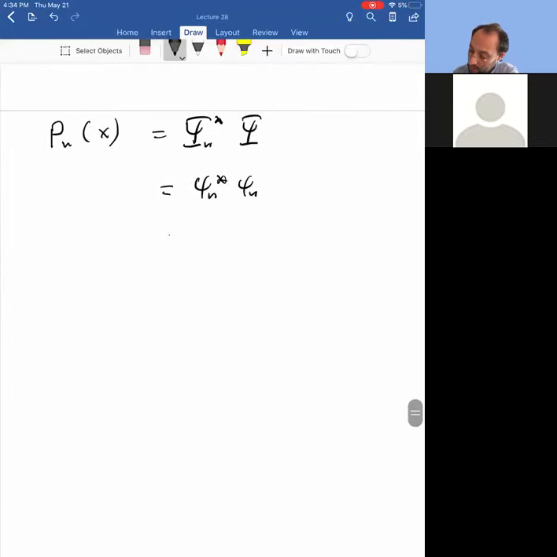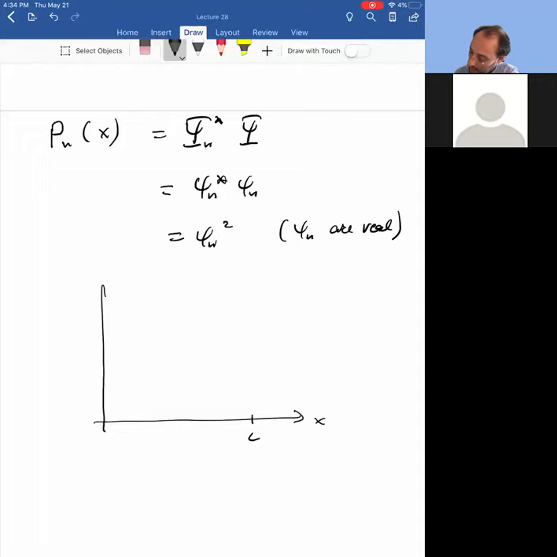So this is just psi sub n squared. I get this: the probability density in the first mode looks like this. This is basically like sine squared of k1 x.